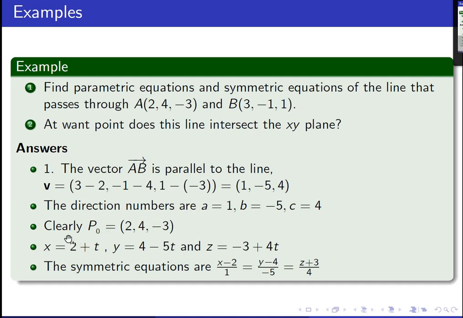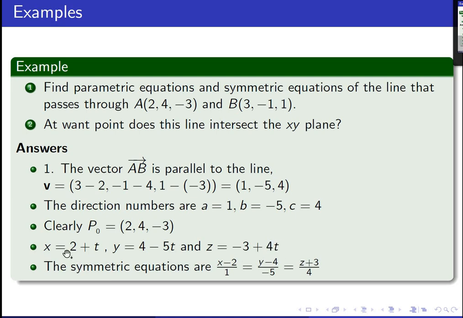Remember, the equation of a line is given as r is equal to r naught plus tv, where v is the direction vector. So all our direction vector components will be a multiple of t. So the first component is just 2 plus t. The second one is just 4 minus 5t. And the third one is negative 3 plus 4t.